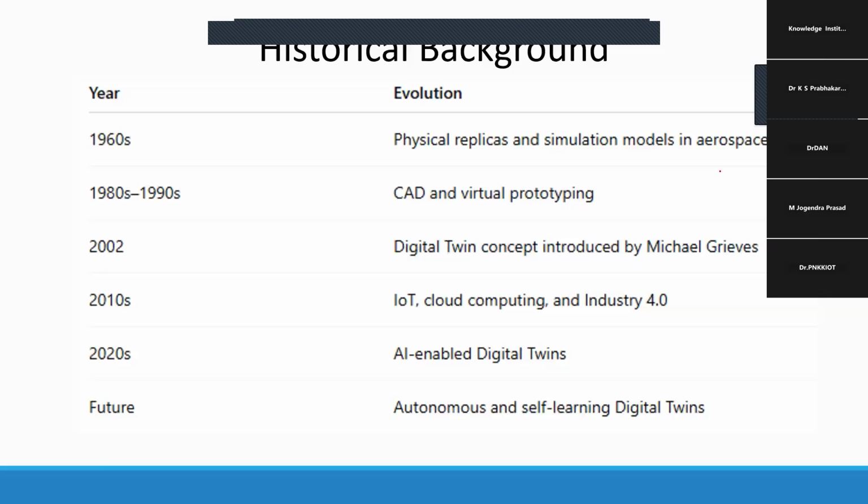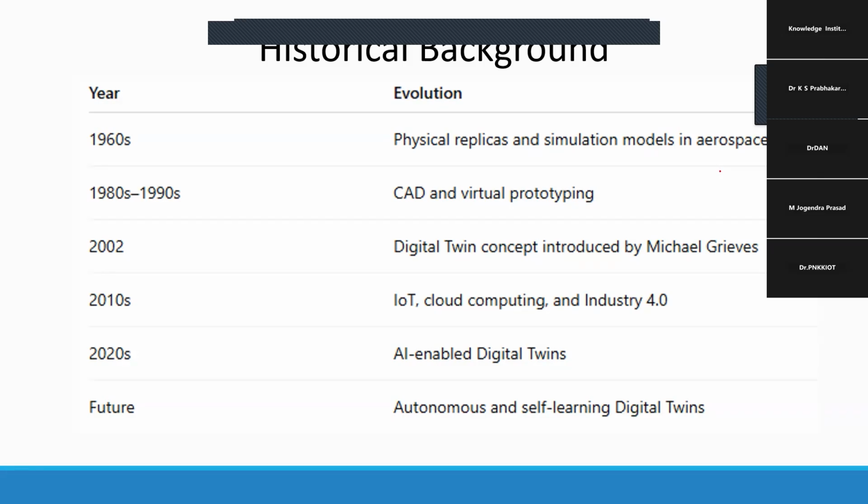Virtual prototypes became very common in industries like automotive and aerospace. Engineers could evaluate designs, perform simulations, and identify potential problems without building physical prototypes. That was the main advantage.